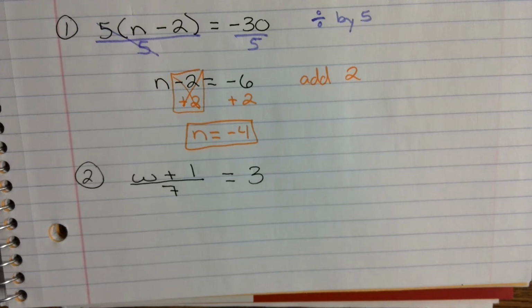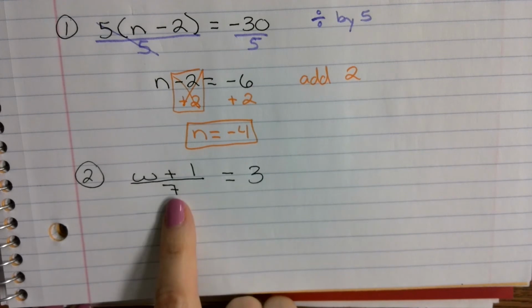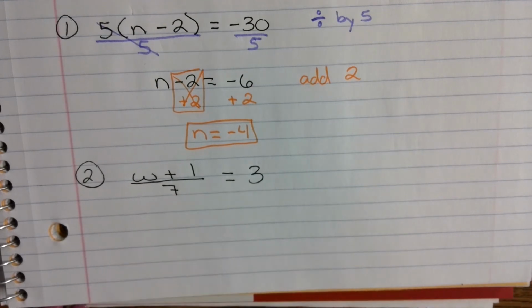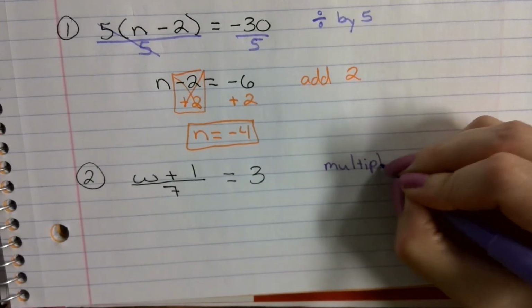All right, Ryan, what'd you get? Not 5. Andrea? 20. Very good. It's going to be 20. So the first thing that we have to do here, Ryan, is we have to multiply both sides by that 7, right? Instead of dividing by the 7, we're going to do the inverse, and we're going to multiply.